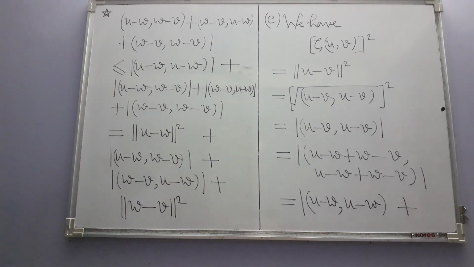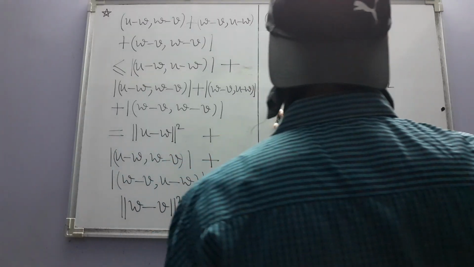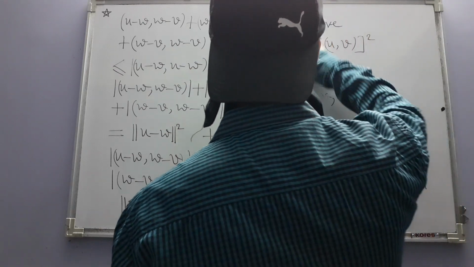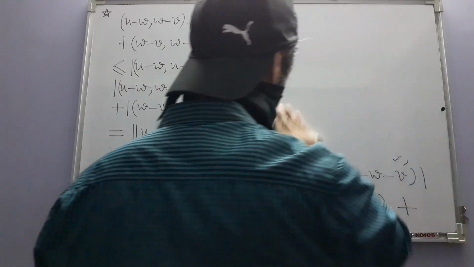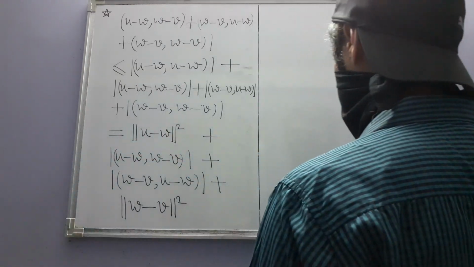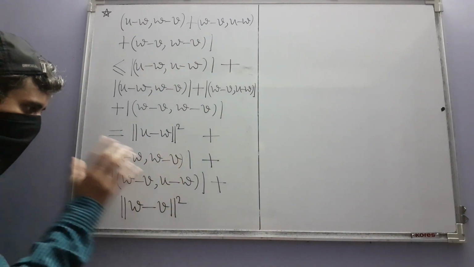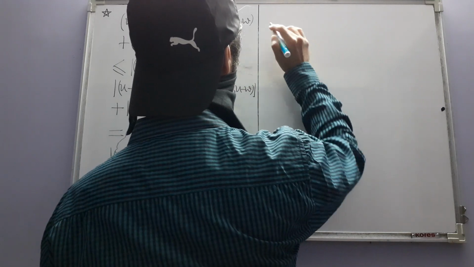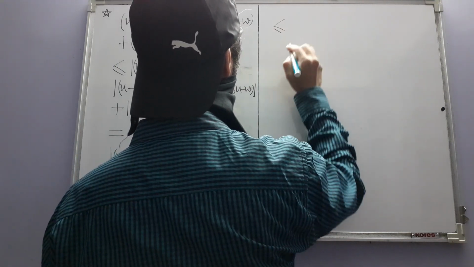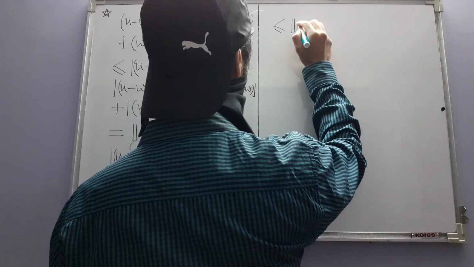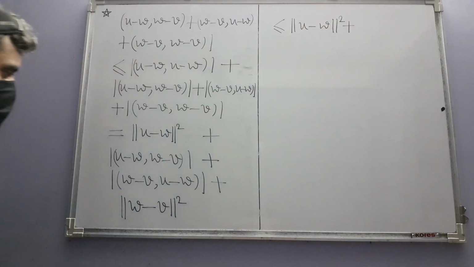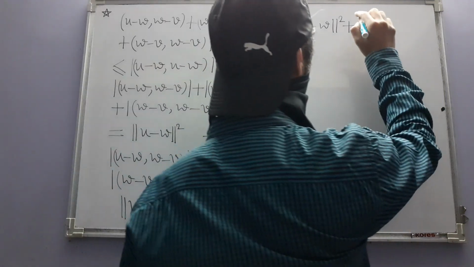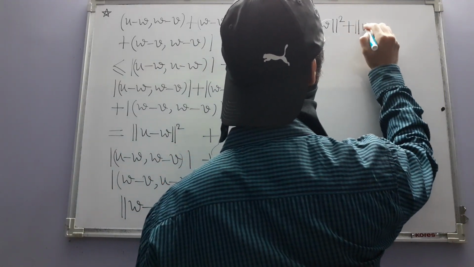Okay. Now we are going to use Schwarz inequality. So we have to recall that. For these middle terms, this one and this one. So using that inequality, we are going to get this. Plus, let me first write it and then I will explain.